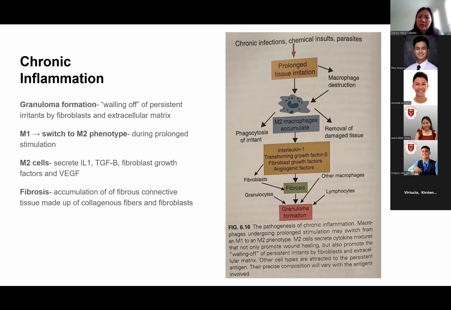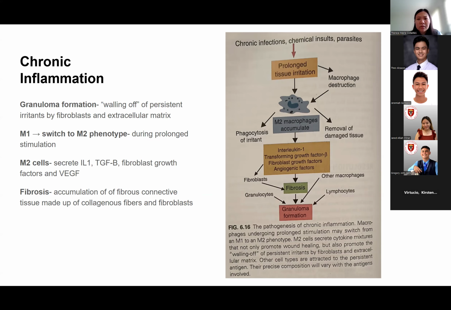This state of the macrophage being in M2 has a couple of effects. First, there could be phagocytosis of the irritant, or removal of the damaged tissue. But eventually, it will result in the release of cytokines and other factors, your interleukin-1, your TGF beta, fibroblast growth factors, and angiogenic factors that will result in the formation of your granuloma.